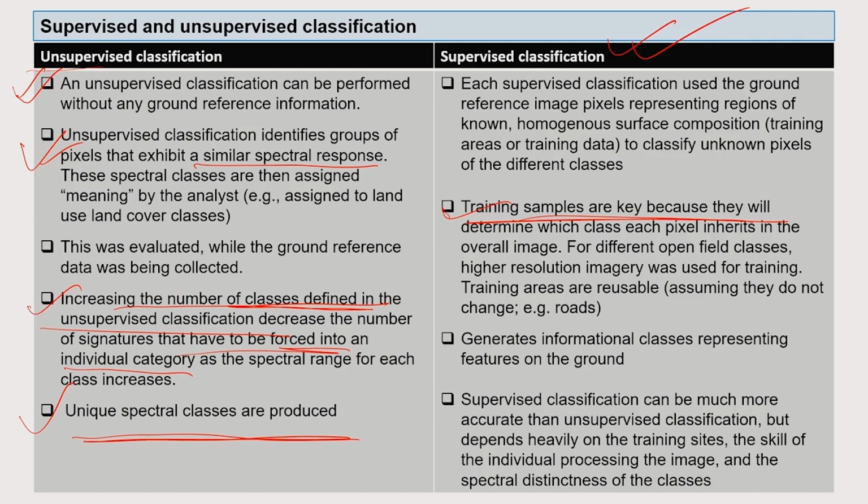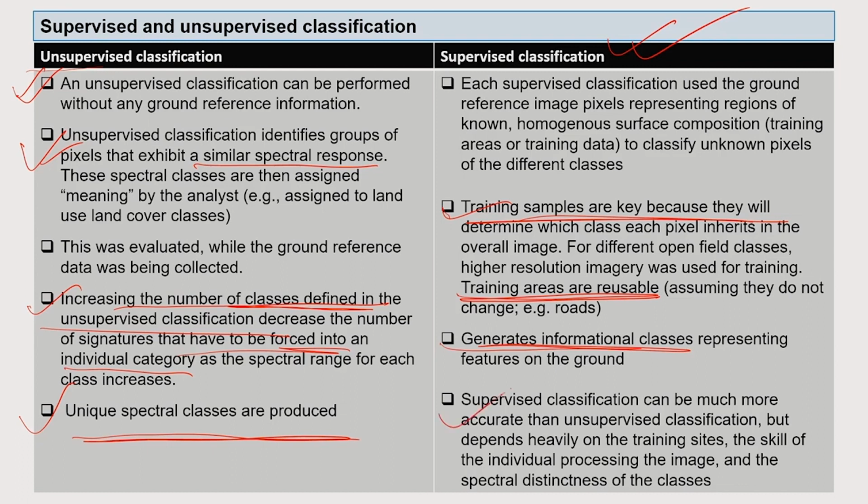For different open field classes, higher resolution imagery is generally used for training purposes, and training areas are also reusable. Supervised classification generates information classes representing the features of the ground, so you can actually represent the ground features which are there in reality.